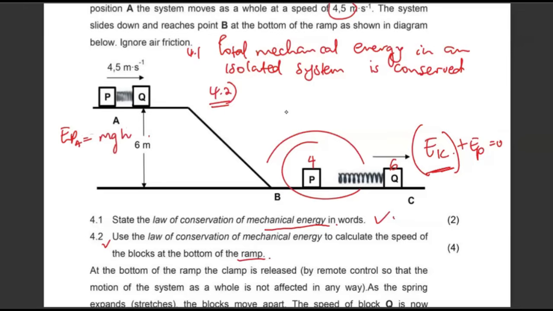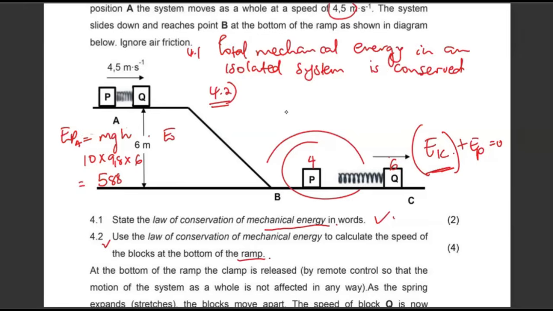I'm going to use the combined mass, which is 4 and 6, which is 10. So 10 times 9,8 multiplied by 6, which is 588.